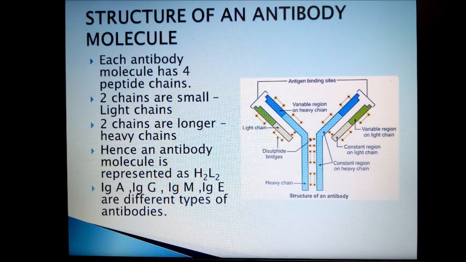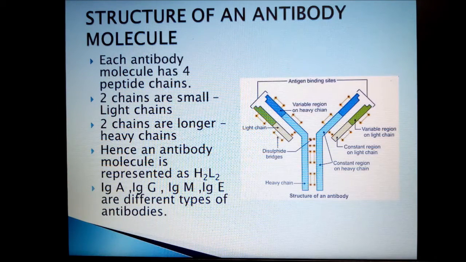In the diagram, you can see that 4 peptide chains are there, and the molecule looks like the English alphabet Y. Out of 4 chains, 2 are long ones and 2 are small ones. The 2 small chains are called light chains, which are on the outer side.